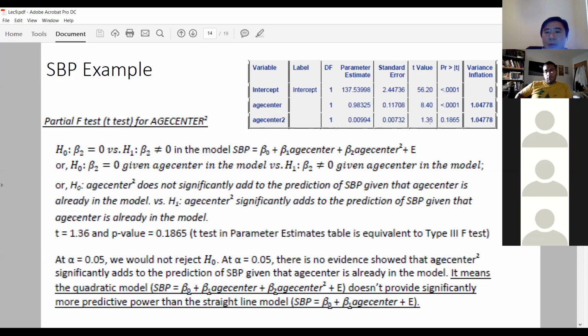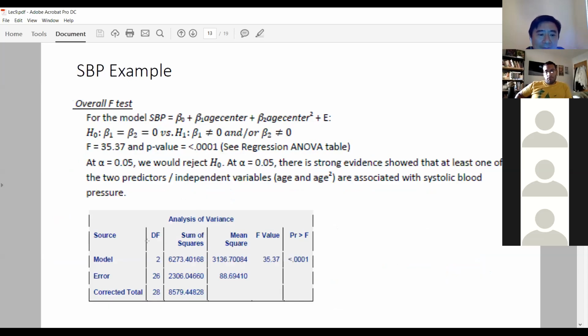But this T-score and the p-value corresponding to it are the same as you would get from the partial F test. Keep in mind, SAS will not automatically give you the partial F test result. SAS will only do an overall F test.